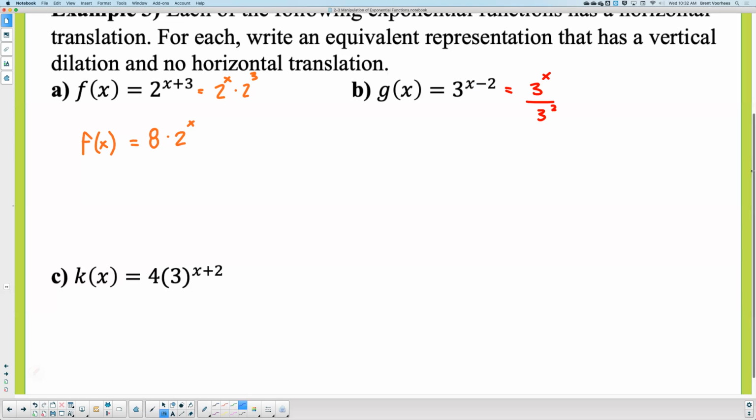Okay, what is 3 squared? 9. So that's 3 to the power of x divided by 9. How can I rewrite this to make it look smoother? 1 over 9 times 3 to the power of x. There you go.